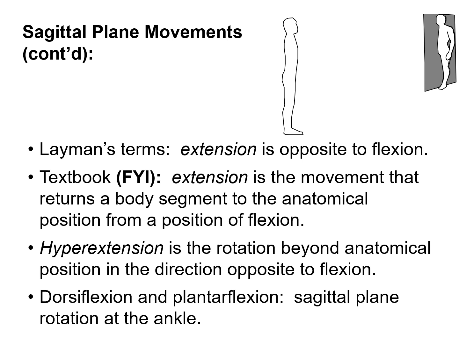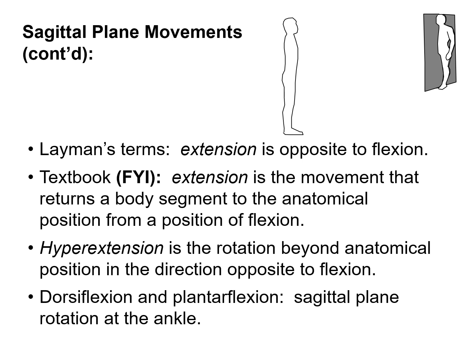So if you raise your arm and you're pointing to the ceiling and you bring your arm down to kind of back to its resting position, you've performed flexion. If you then bring your arm behind your body, that is what we consider to be hyperextension. It is the rotation beyond the anatomical position in the direction opposite to flexion.